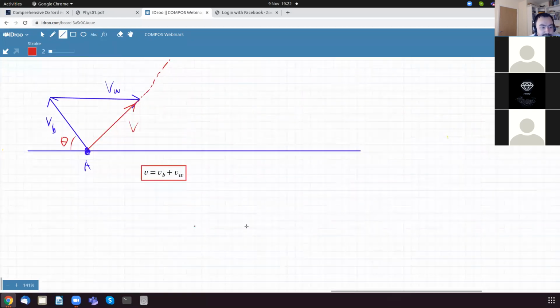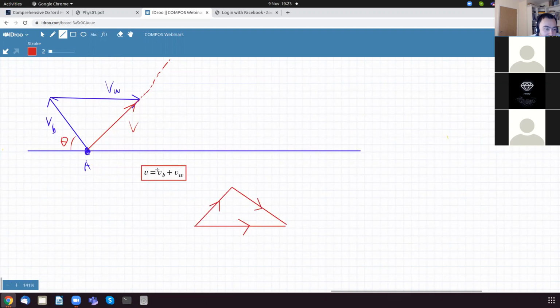So if you have vector A plus vector B, that is vector A plus B. So A, B, C. So vector C is equal to A plus B. In a very similar way, the resultant velocity is the boat plus the water.